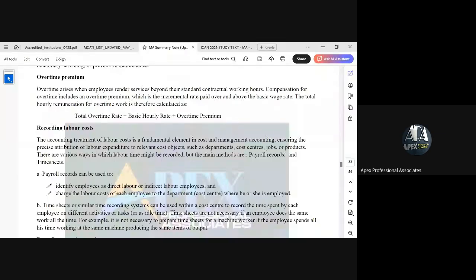Then overtime, Raji did overtime of 8 hours. Let me see, at 500 naira per hour. How much will Raji get?